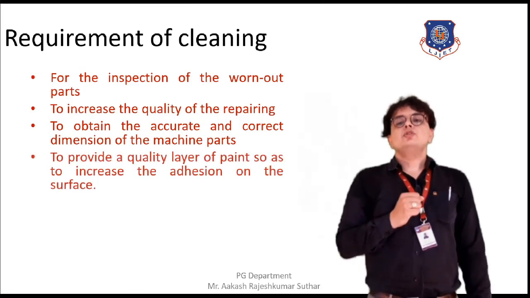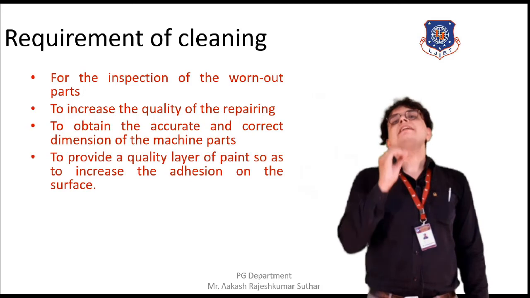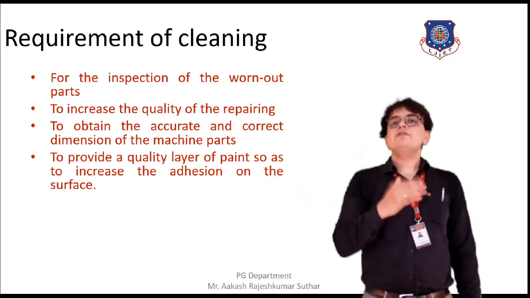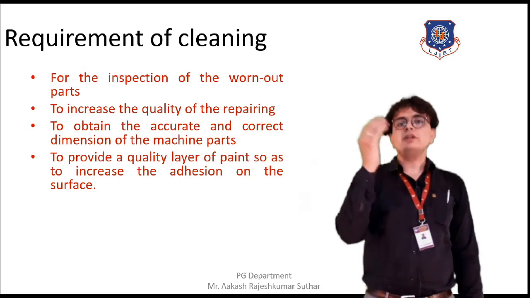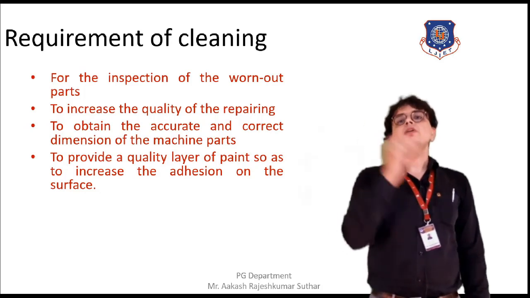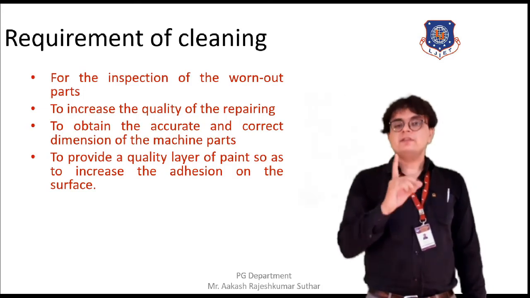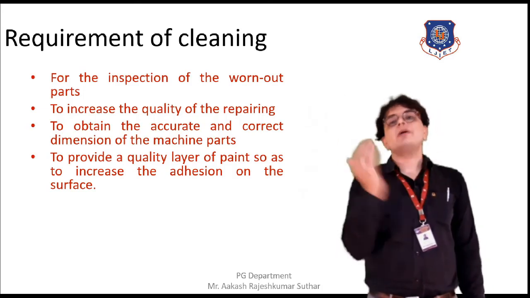Next is to provide a quality paint finish. If we want to provide a good quality paint, that means a good cohesion of paint on the outer surface, then the first thing required is to clean the outer surface.